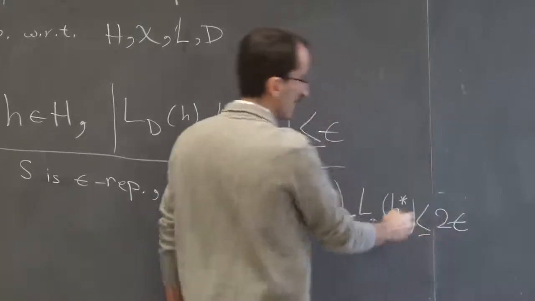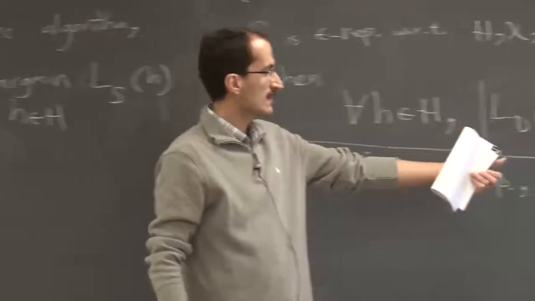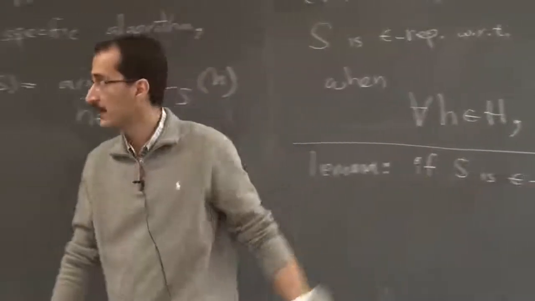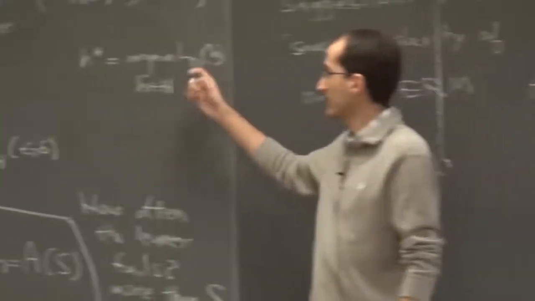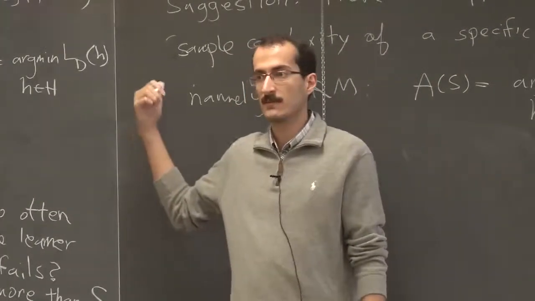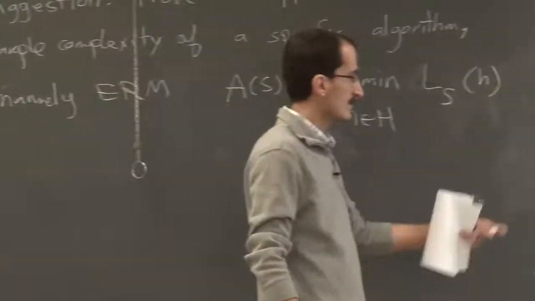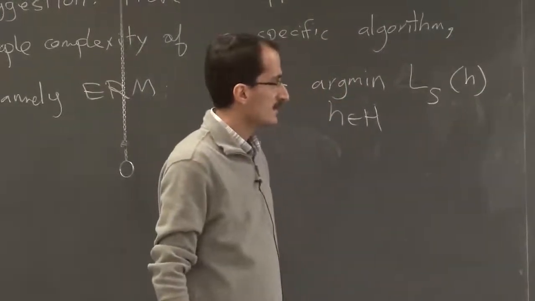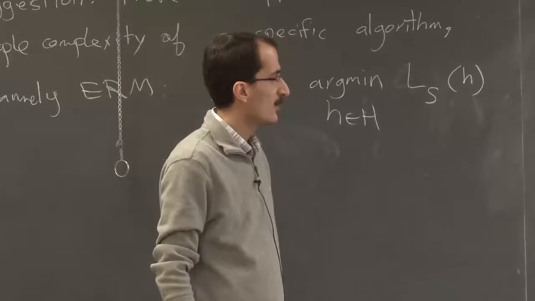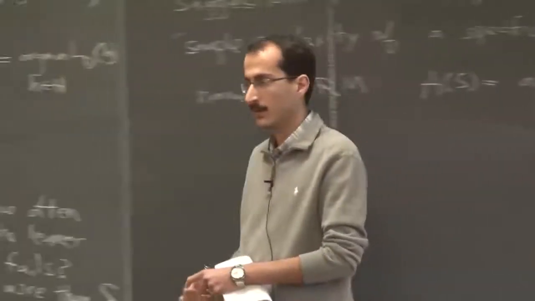And by close, I mean 2 epsilon, not epsilon. Again, I use the notation H star, by which I mean the best hypothesis in the class. That is why epsilon representative samples are good for ERM to work.